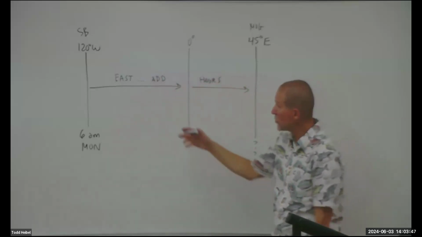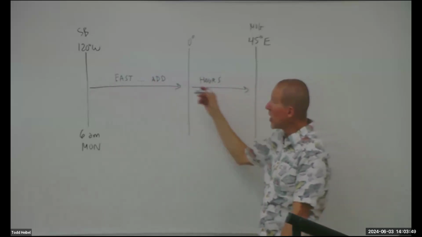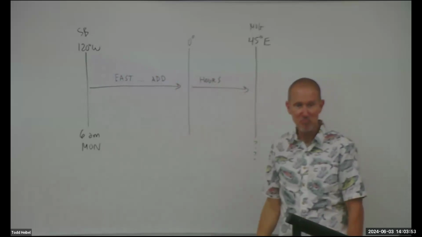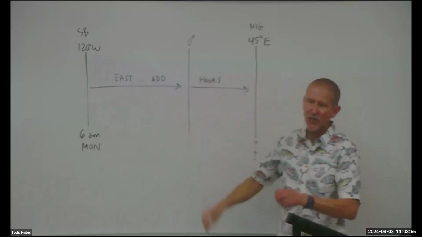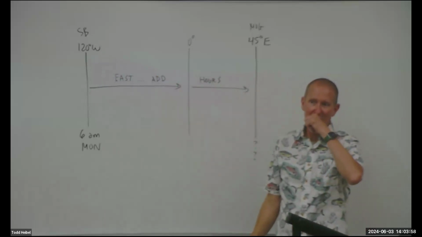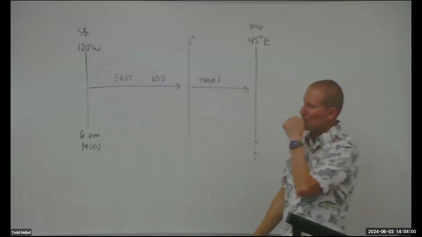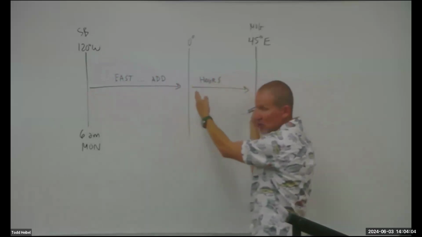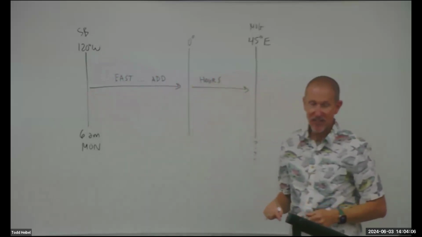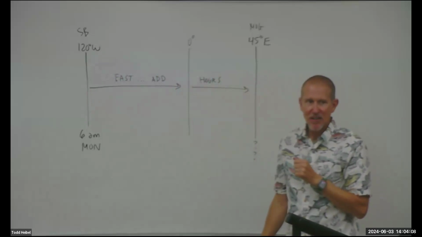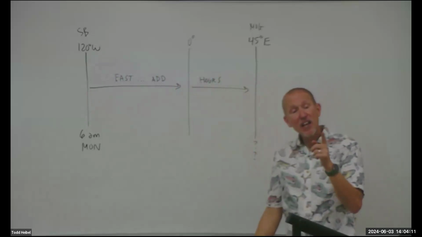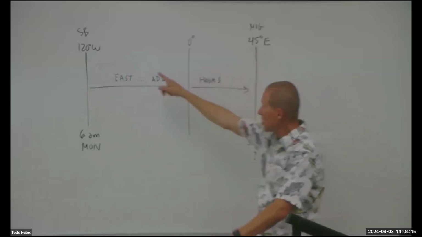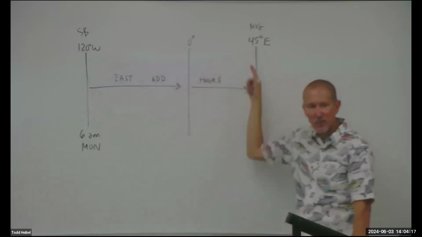So here's my question to you. How much total longitude separates our time zone from their time zone? So how much do we have from the Western Hemisphere, plus how much do we have from the Eastern Hemisphere? If you said 75, that would be like 120 minus 45.